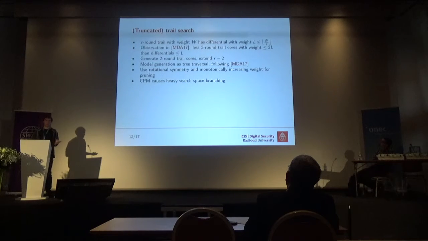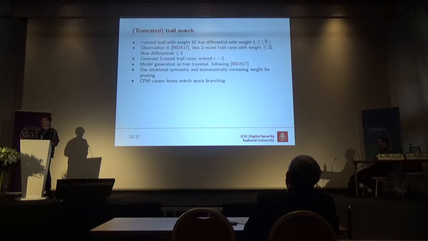An interesting difference between this work and the work that they presented last year is that if they extend the trail, then their nonlinear layer, the chi step in Keccak, would cause a lot of branching of the search space for trails. But in our case, we're looking at truncated trails, so we don't have that.